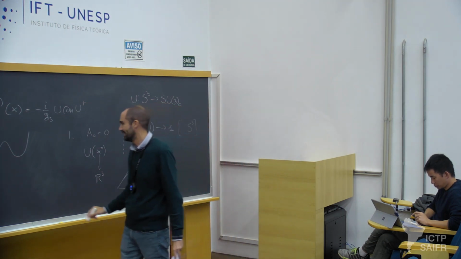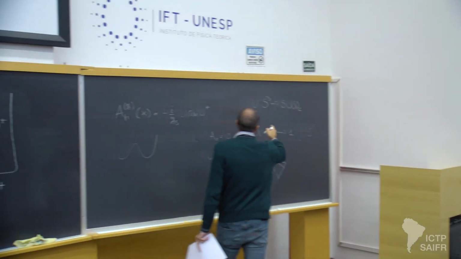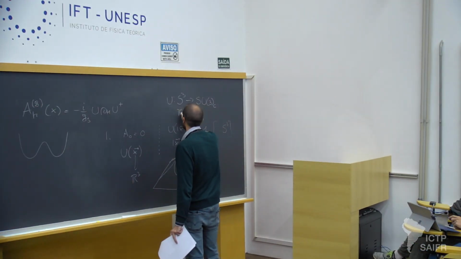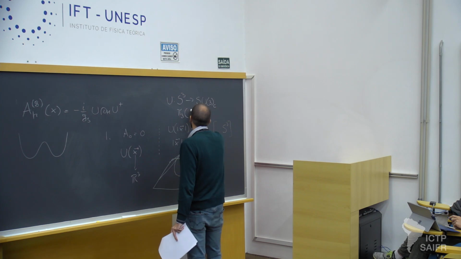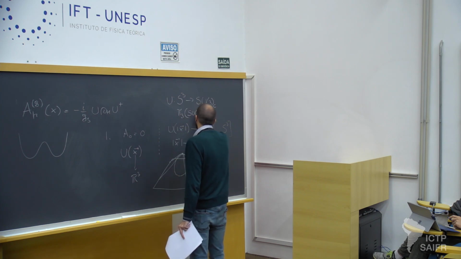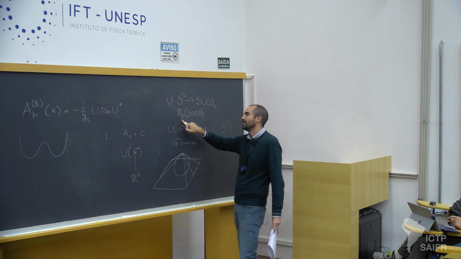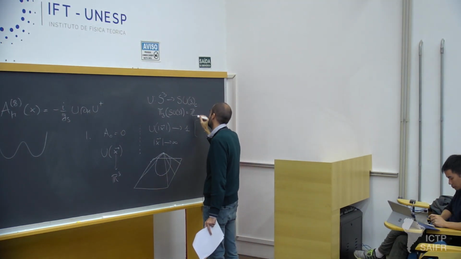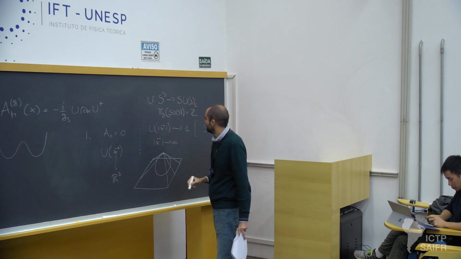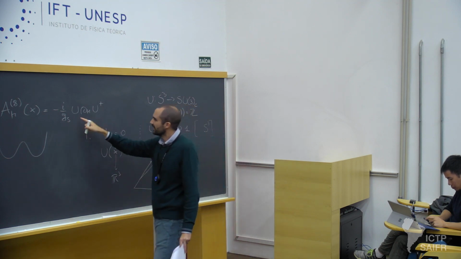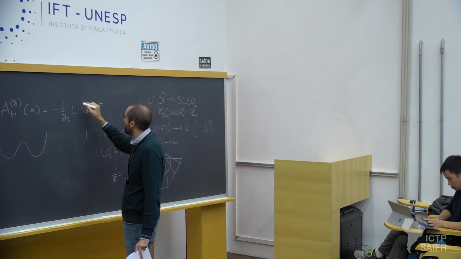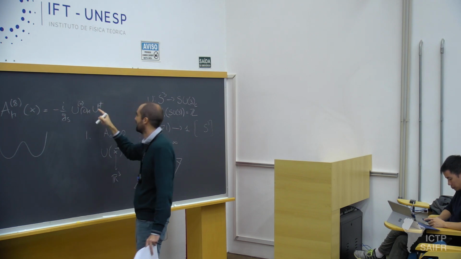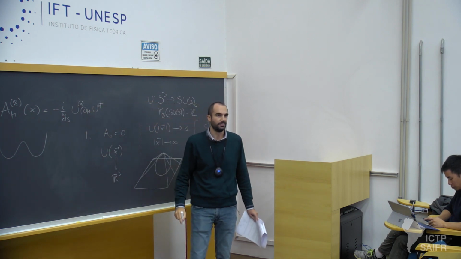The answer is that there are as many inequivalent maps as there are integers. So the mathematical notation for this is that this mapping to the 3 sphere, pi 3 of SU3, is equal to the integers. So what we're saying is that we have one of these solutions for any integer. So we can label them with some index n.